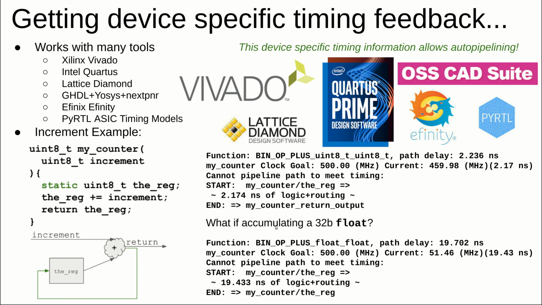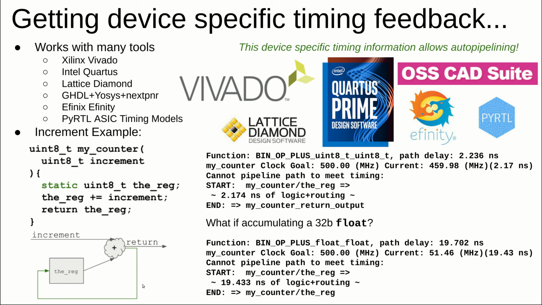PipelineC builds up a library of operators, functions, and all sorts of things, and knows combinatorial delays of stuff. Working with many tools here, Vivado, Quartus, Lattice, and the open source tools, is fantastic. I had a little bit of time to play with the Efinix tools, and some fun ASIC timing models are supported as well.